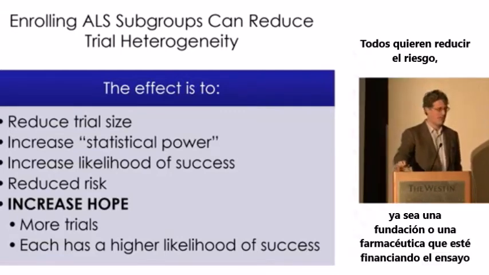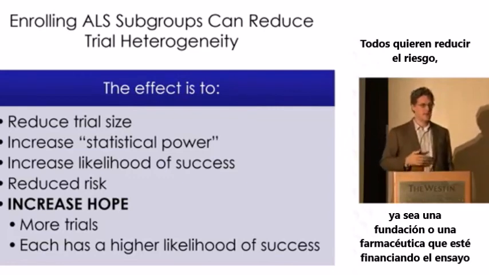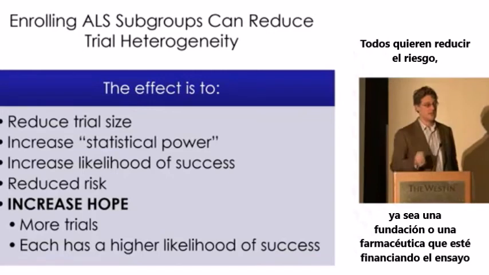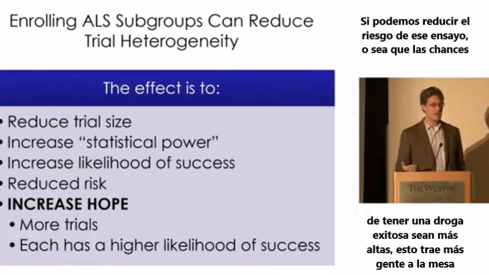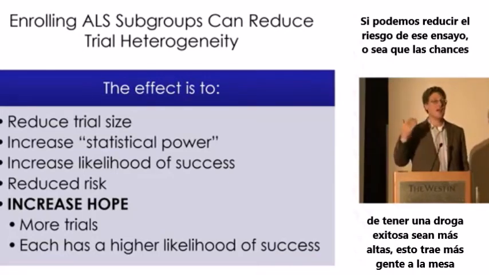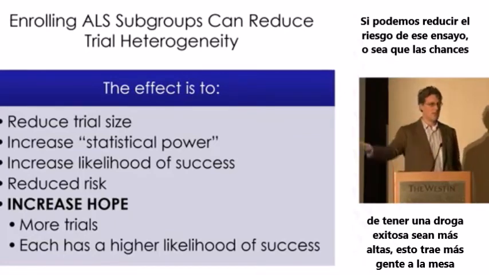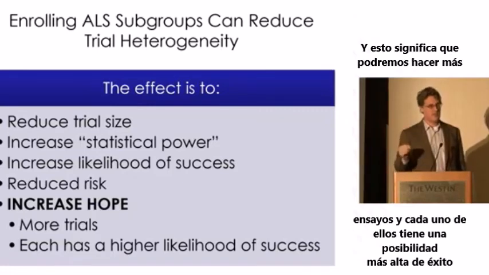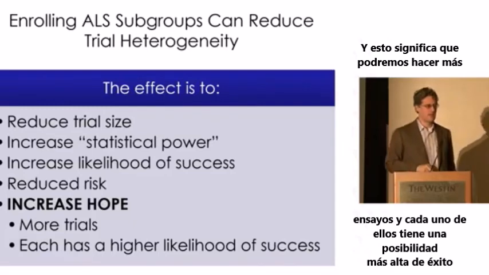Everybody wants to reduce risk, whether it's a foundation that's funding a trial or industry that's funding a trial. If we can reduce the risk of that trial and say your chances are actually higher of finding a successful drug if you do it this way, that brings more people to the table, which means we may be able to do more trials, and each trial has a higher likelihood of success.